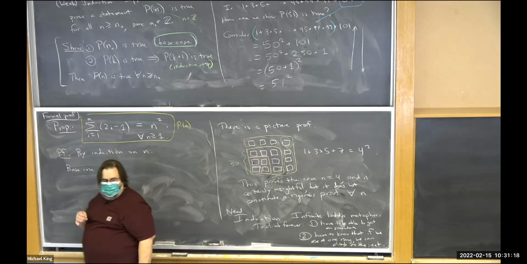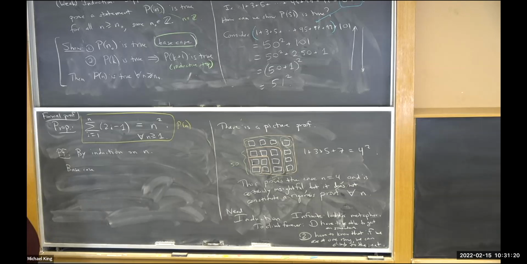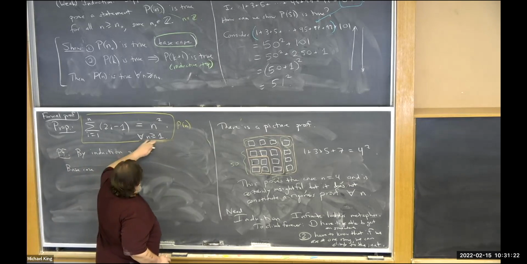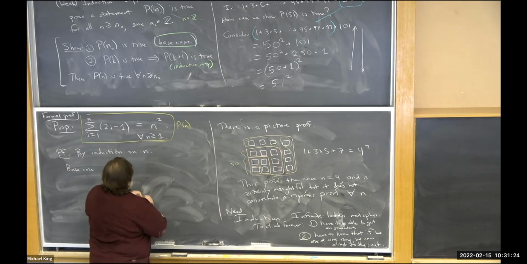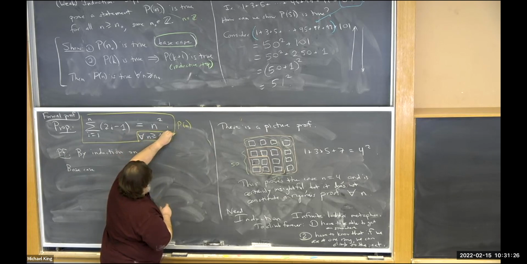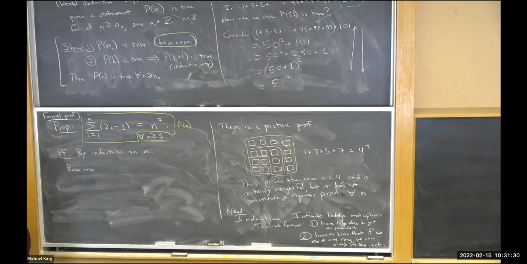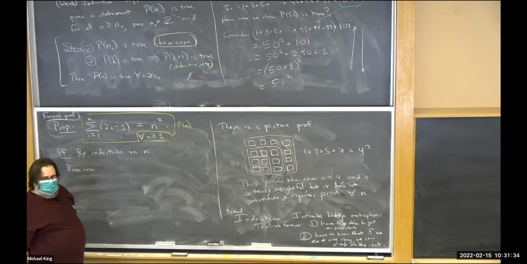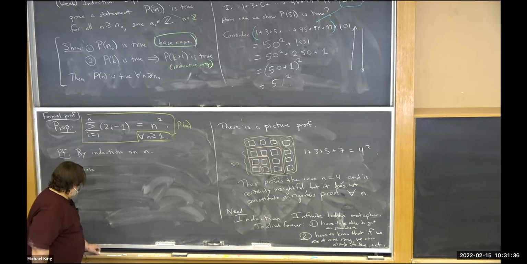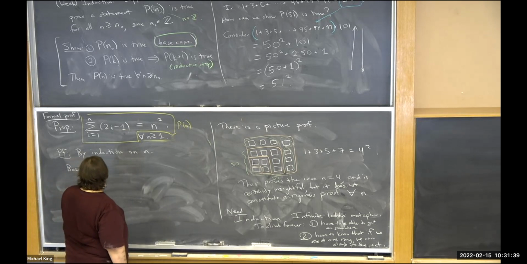Right? I should have said that. So actually P of n does not include that part. Sorry. P of n is the specific statement, and then it's true for all n.